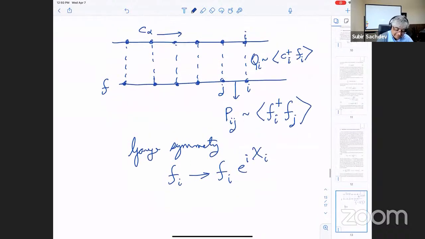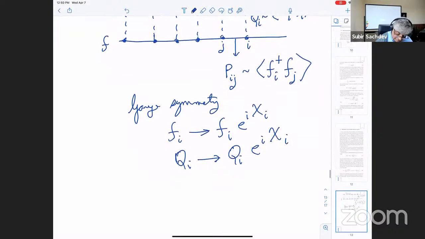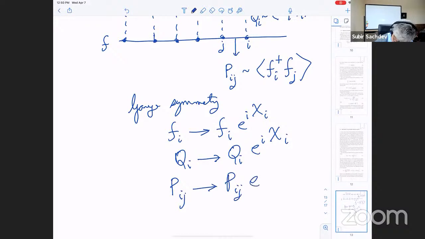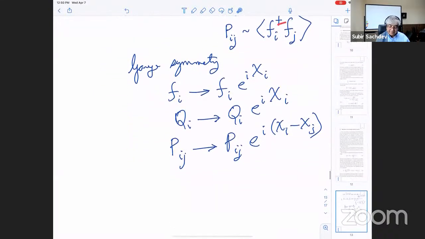So if I just look at this, and C is a gauge invariant physical fermion, it's not a qubit, then Q_i went as Q_i times e to the i chi_i, and the P_ij will go as P_ij times e to the i (chi_i minus chi_j). The minus because there's a dagger here. Okay, so you can see that the gauge transformation of the Q's is completely different from the gauge transformation of the P's.